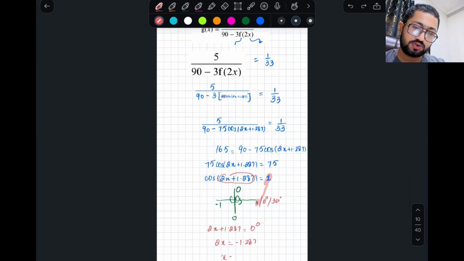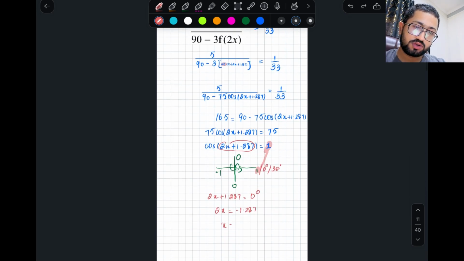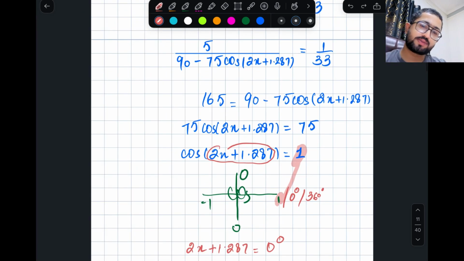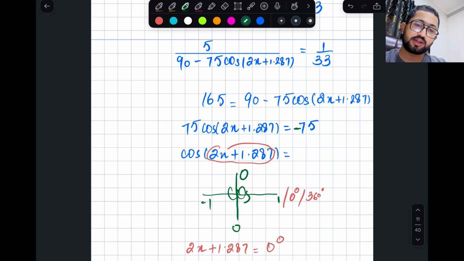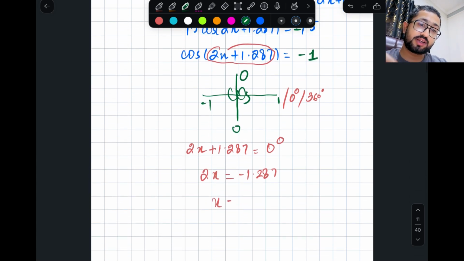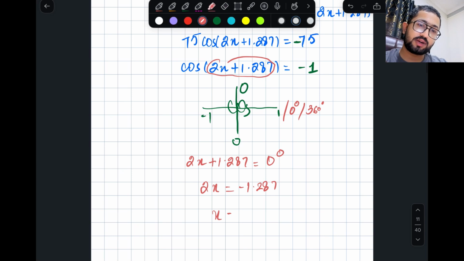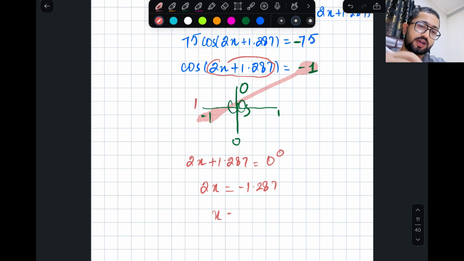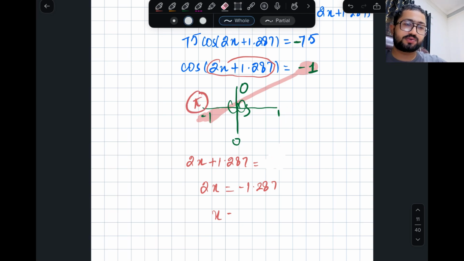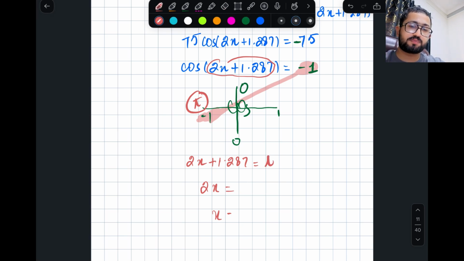Oh, sorry, it's my mistake. It is not 1. It is going to be equal to minus 1, beta. So at which angle will you get minus 1? 180 degree, which is pi. It's not 0. So that is pi. So pi minus 1.287. So now you can get the value of x easily.